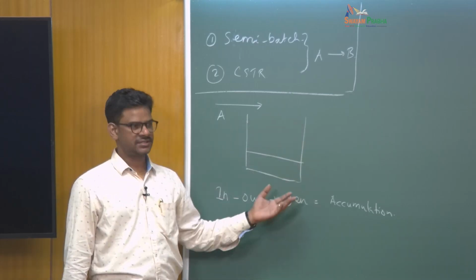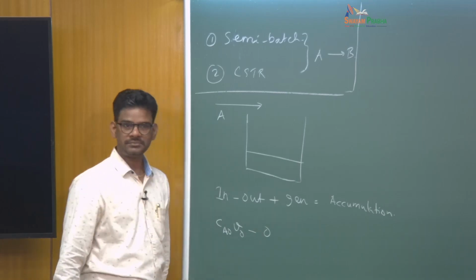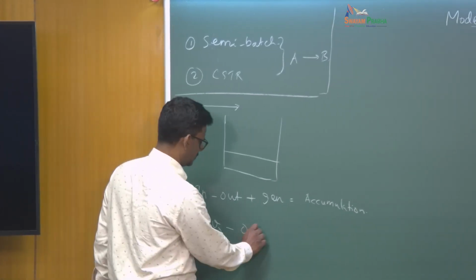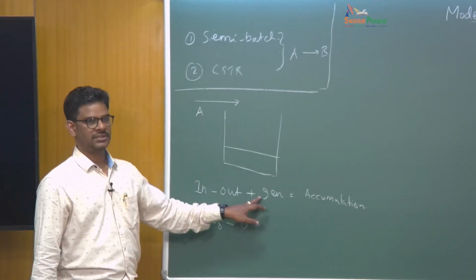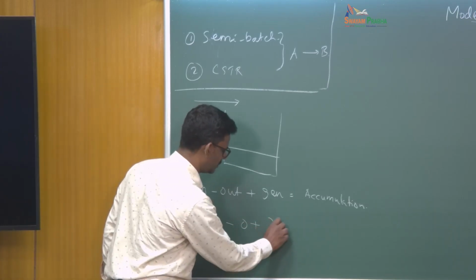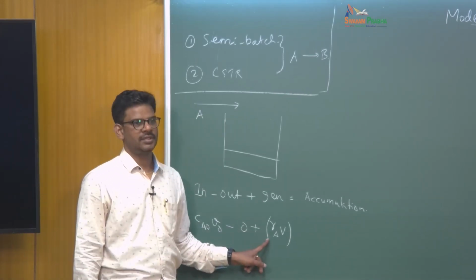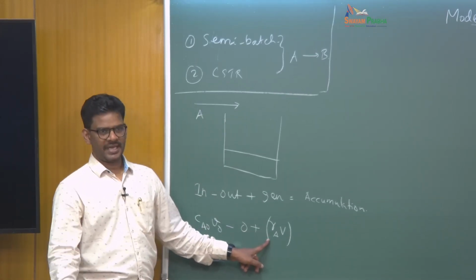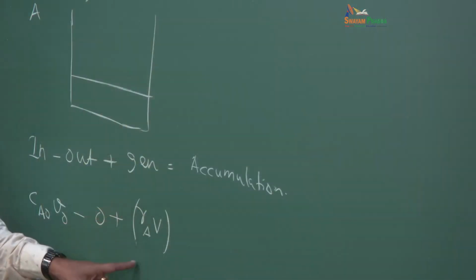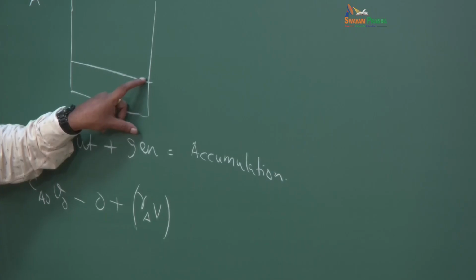This is a semi-batch, so nothing is going out. So obviously this out term is 0. Then we have the generation term. We say this is RA V. This is basically a reaction rate, the number of moles of A reacted per unit volume per unit time, times the volume of the reacting mixture.